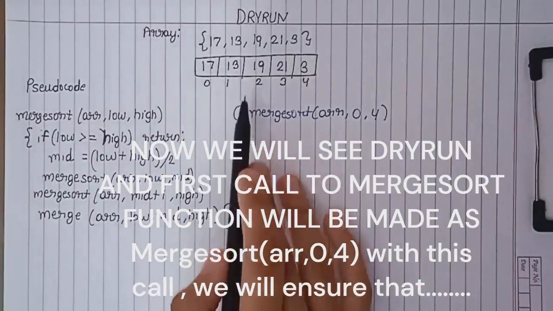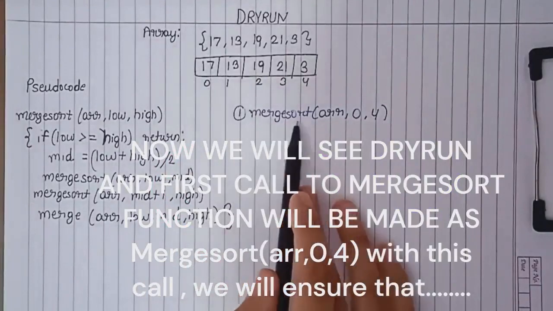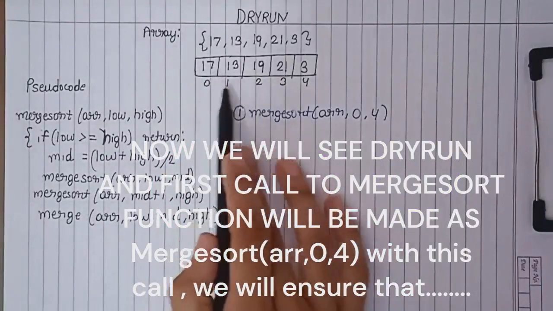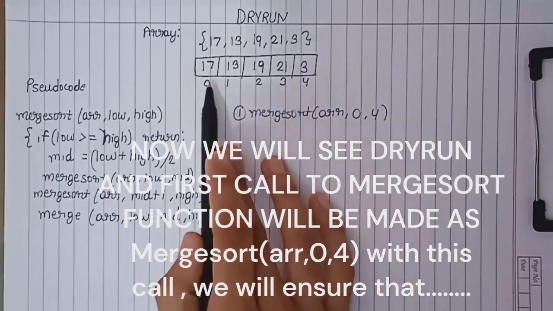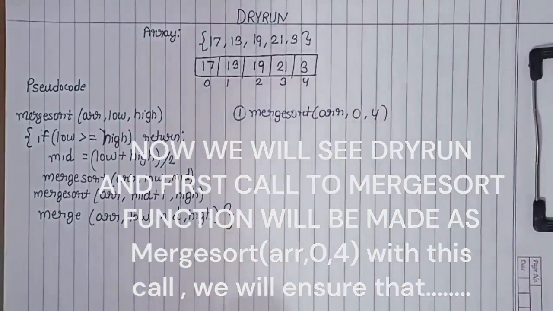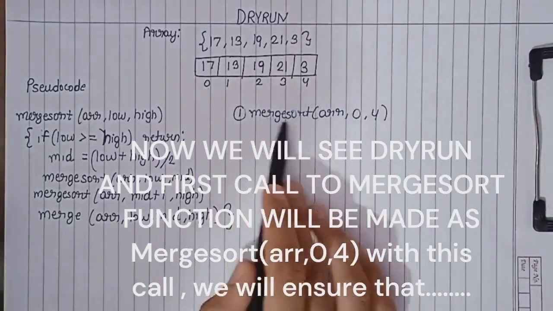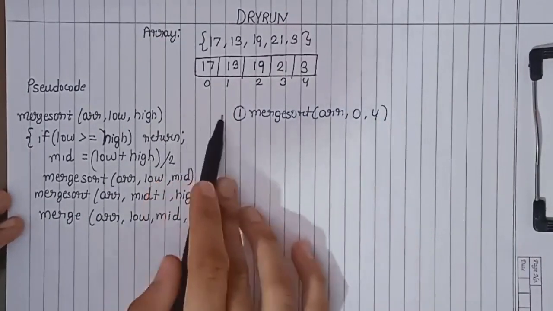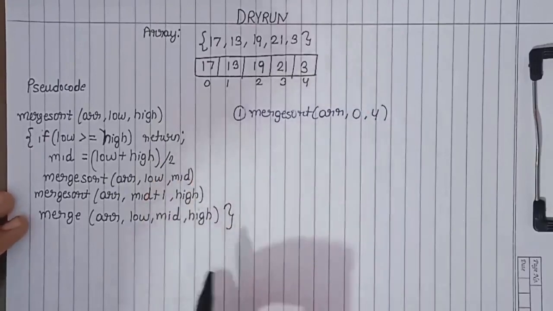We will ensure that this merge sort function will work on this complete array from its lowest index 0 to its highest index 4. So as soon as you call this merge sort function, this pseudocode will start applying.